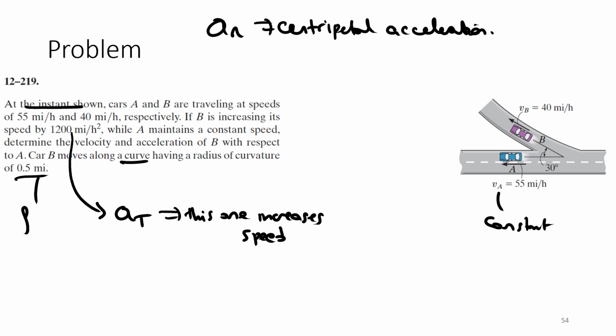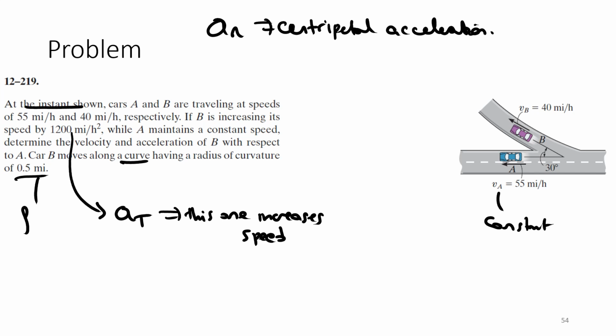You just need to remember this formula here. The velocity of B is equal to the velocity of A plus the velocity of B with respect to A. That is your solution for the problem, the equation.